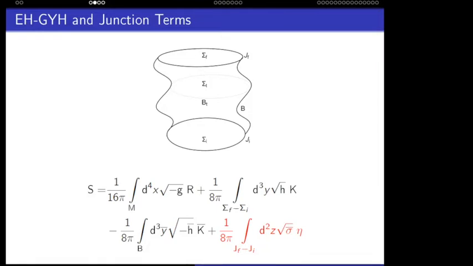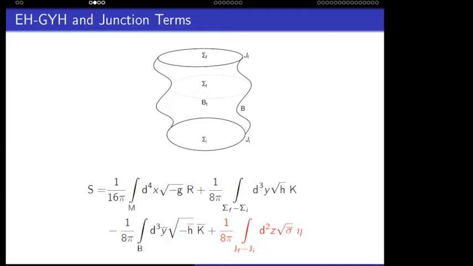The idea is to consider this kind of manifold with two space-like boundaries and one time-like boundary. Then, if you want, you can take the boundary to infinity and consider asymptotically flat spacetime, or whatever. Maybe you are familiar with this term, which is the Gibbons-Hawking term.